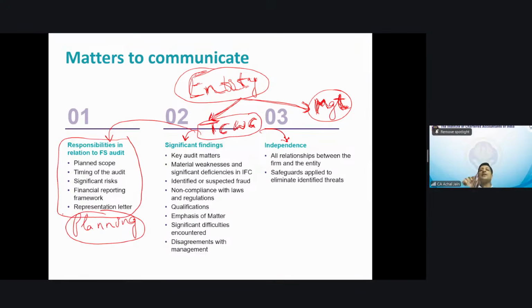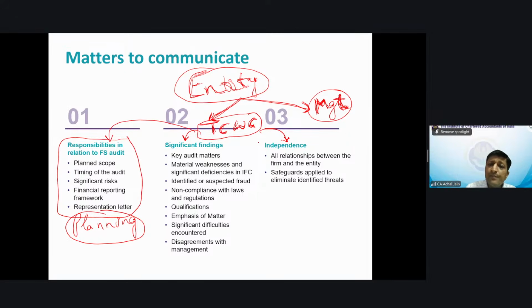Because is it only a communication? Is it only an FYI which the auditor needs to go and tell the TCWG? No. The purpose is what? The purpose is a constructive discussion, for achieving what? For achieving an effective audit. Yes or no?